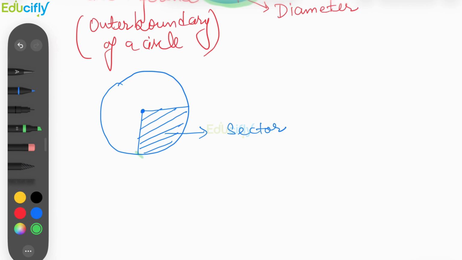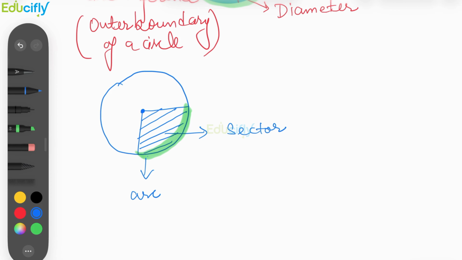Firstly, I'm marking my arc. This is your arc. Arc is that part which we take for a sector or for the length of the arc or whatever we will do further. It is a part on the boundary of the circumference. It could be a small part, it could be a big part.